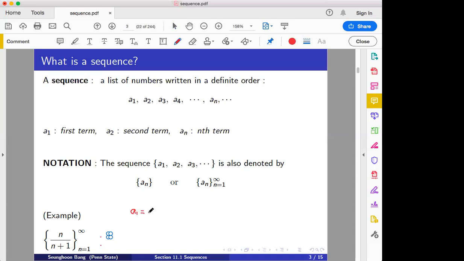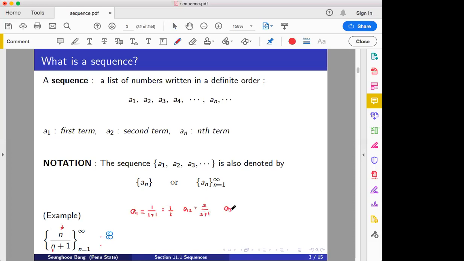Do you know what a1 is? Yes, you plug 1 into n, exactly. 1 over 1 plus 1 is 1 over 2. A2, similarly, you plug 2 into n: 2 over 2 plus 1.